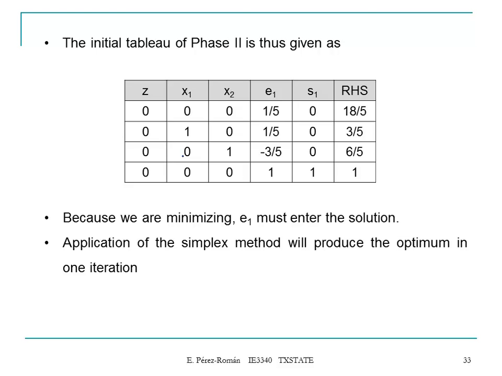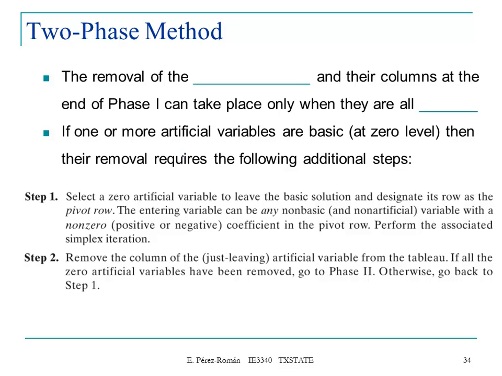Our basic variables are in good shape now, but we still have one positive number here. It's a minimization problem, so this variable can enter the solution. The application of the simplex method will produce the optimal solution in one iteration.